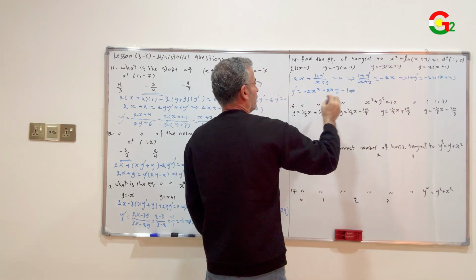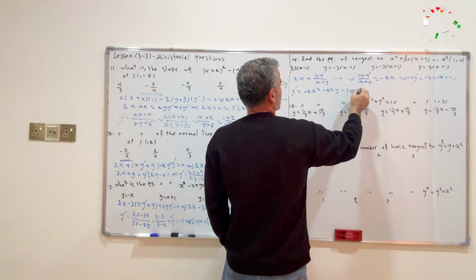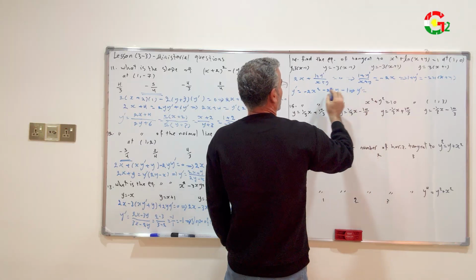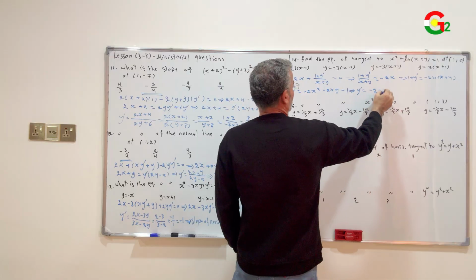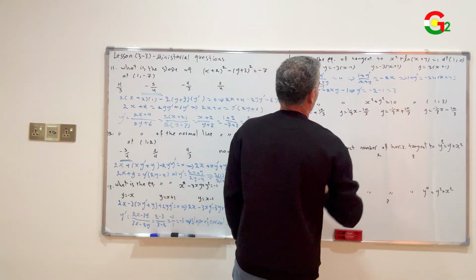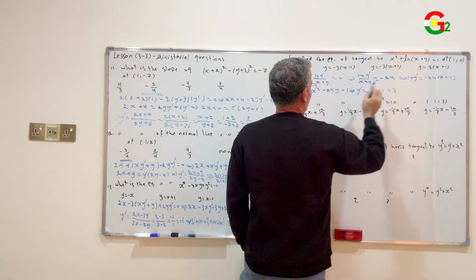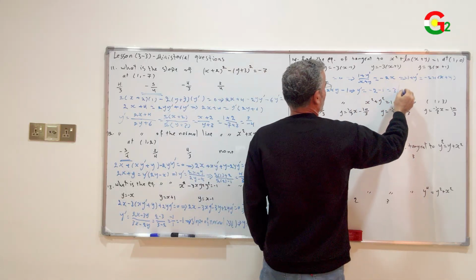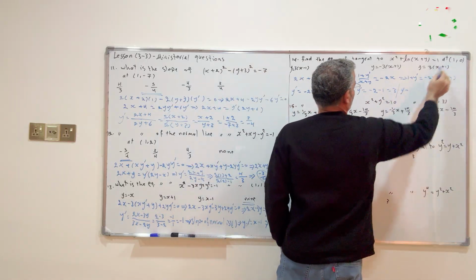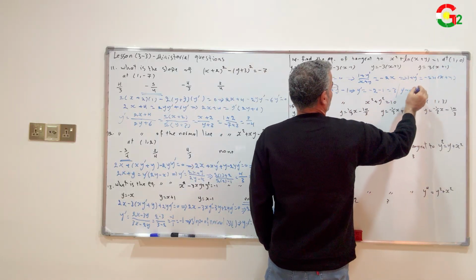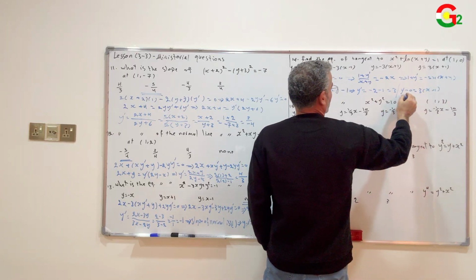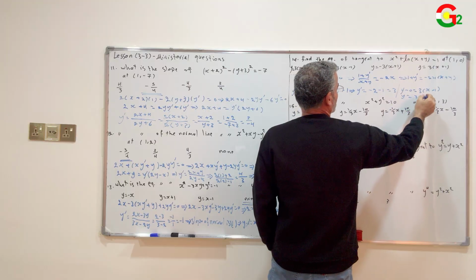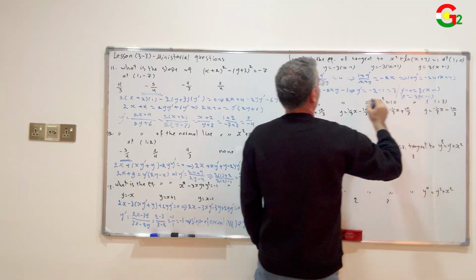At the point of tangency (1, 0), y prime equals negative 2 minus 0 minus 1, equal to negative 3. This is the slope and we have the point. Then the equation will be y minus y1, 0, equal to the slope times (x minus x1). Then y equals negative 3x plus 3.